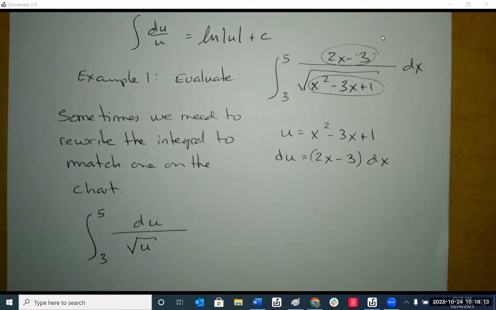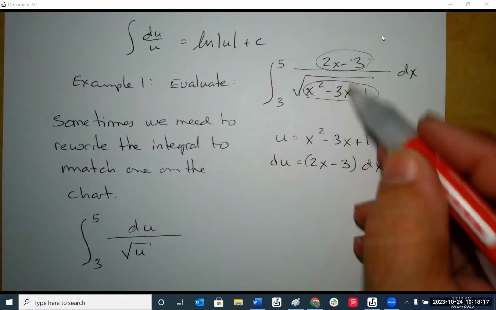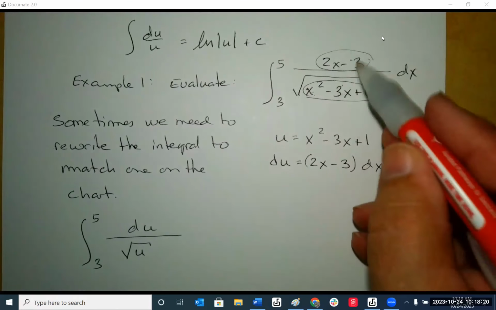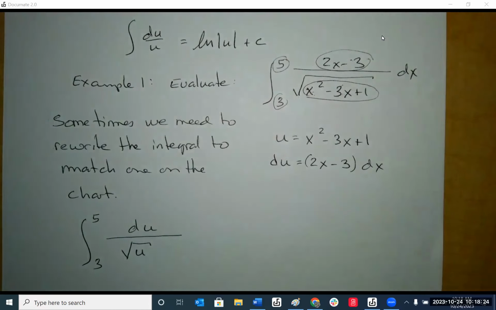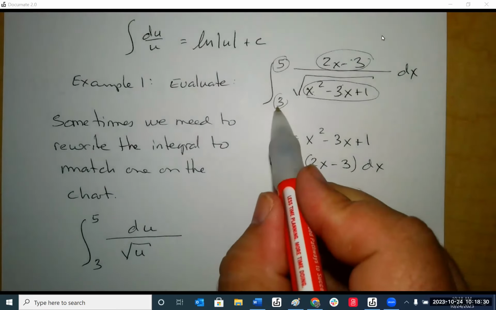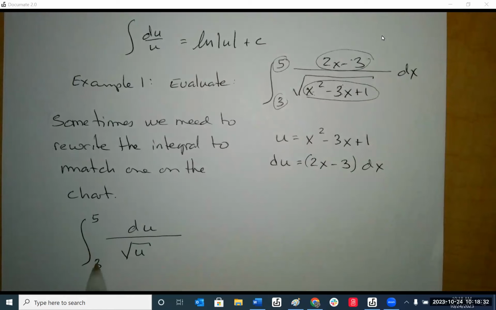But what is wrong with this? What's missing? We can't just do a transformation of the operations. We also have to take into account the bounds. So what do these bounds have to change to make them fit our u du function?